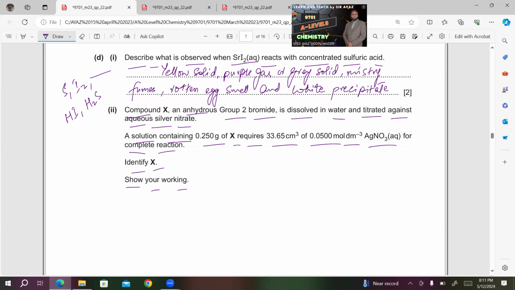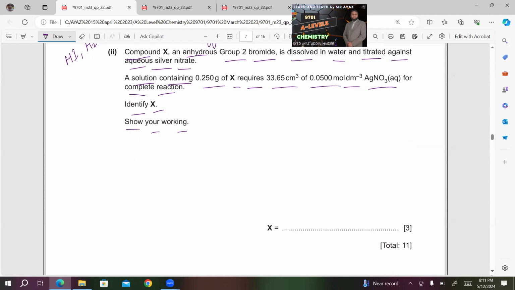So first of all, we need to calculate the moles of AgNO3 from the data provided. According to this data, 1000 cm3 contains 0.05 moles.